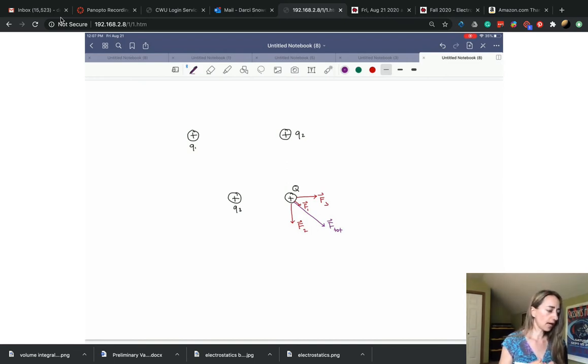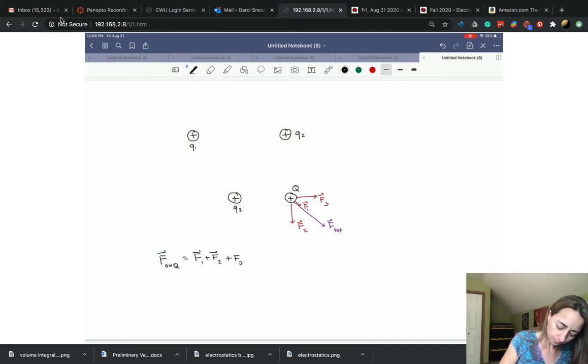All right, so let's go ahead and write out what that would look like in terms of the vector form of Coulomb's law that we just learned about, okay? So this is the force on Q, the total force on Q, and it is equal to the vector addition of, in this case, the force resulting from our 3 source charges, okay?